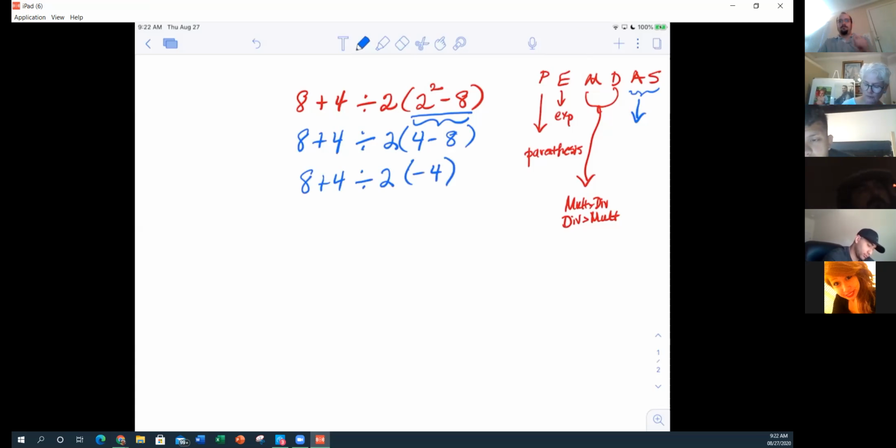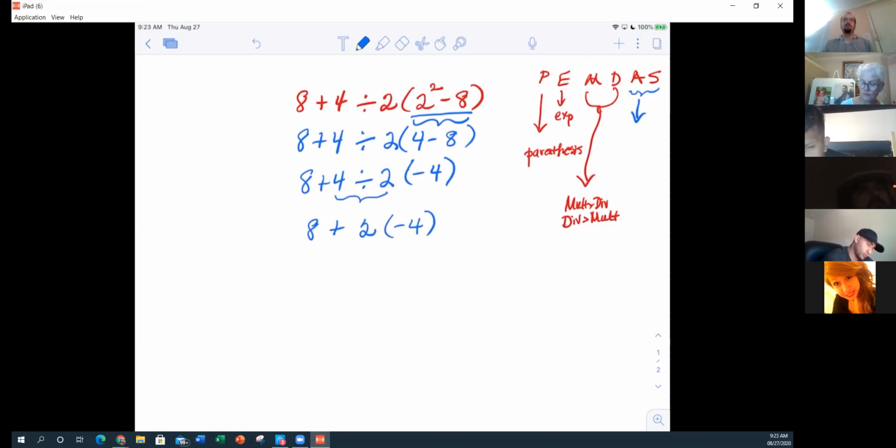And now this whole problem is nothing but multiplication, division, and addition. So the next thing is the multiplication and division in the order that you see it. So the first thing you see as far as multiplication and division is the 4 divided by 2. So that's going to be 8 plus 2 times -4.